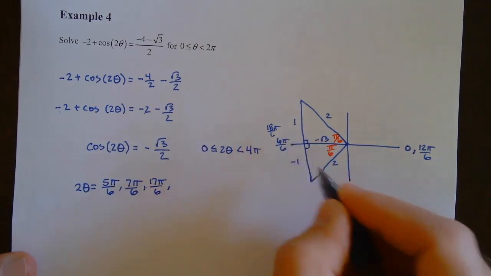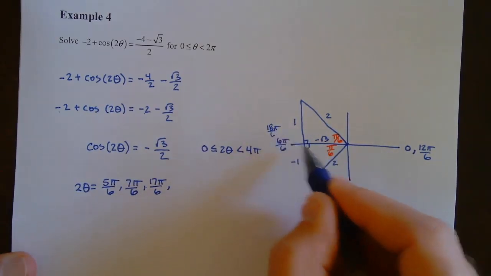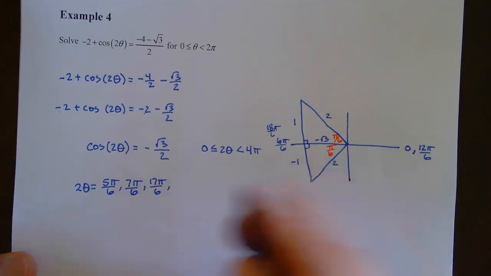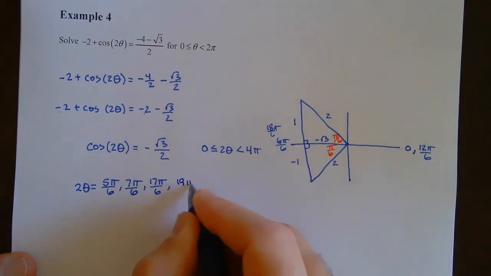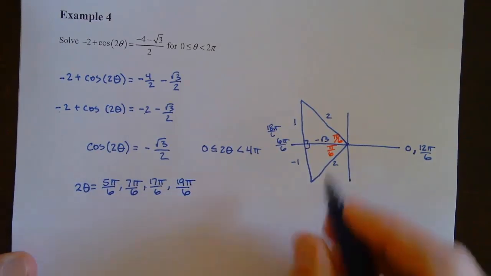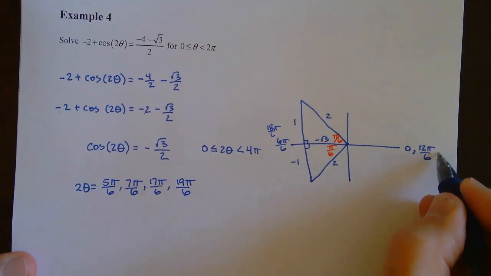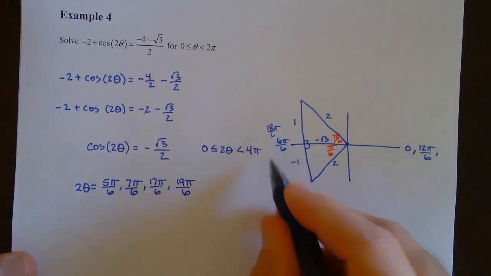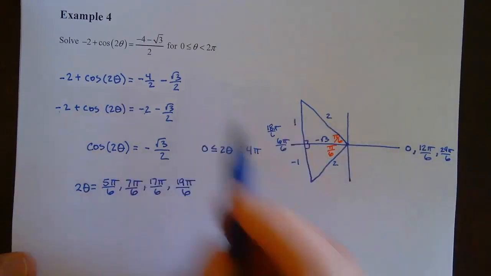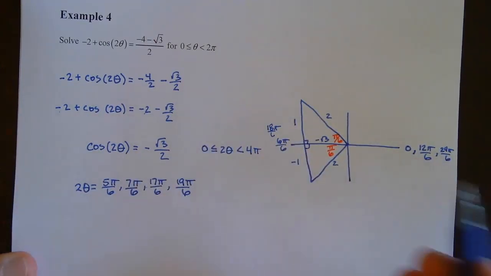Then 18 pi over 6, and I got to go one more pi over 6 to get to this angle, so that'd be 19 pi over 6. And over here, if this was 18 pi over 6, this would be 24 pi over 6, and I'm at 4 pi. So that's it, we listed them all.